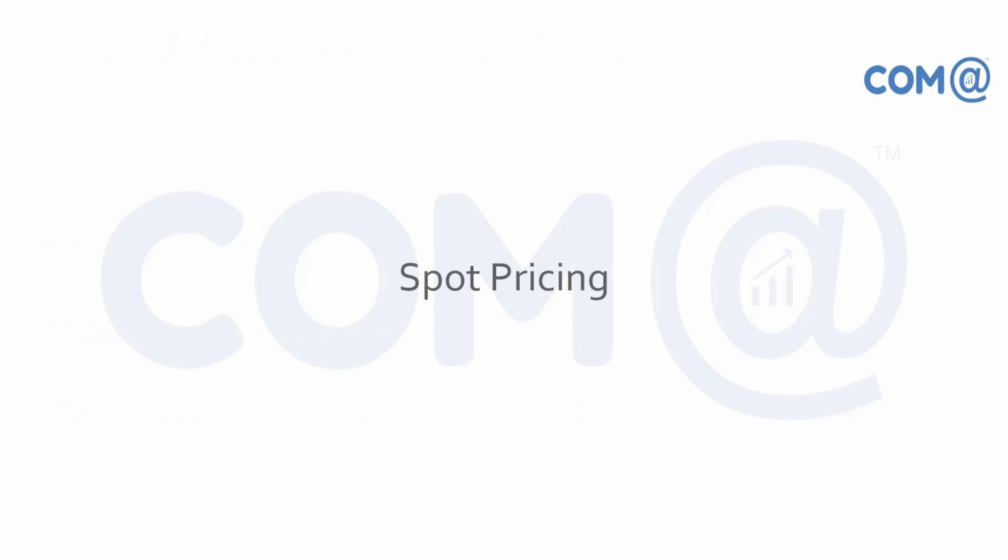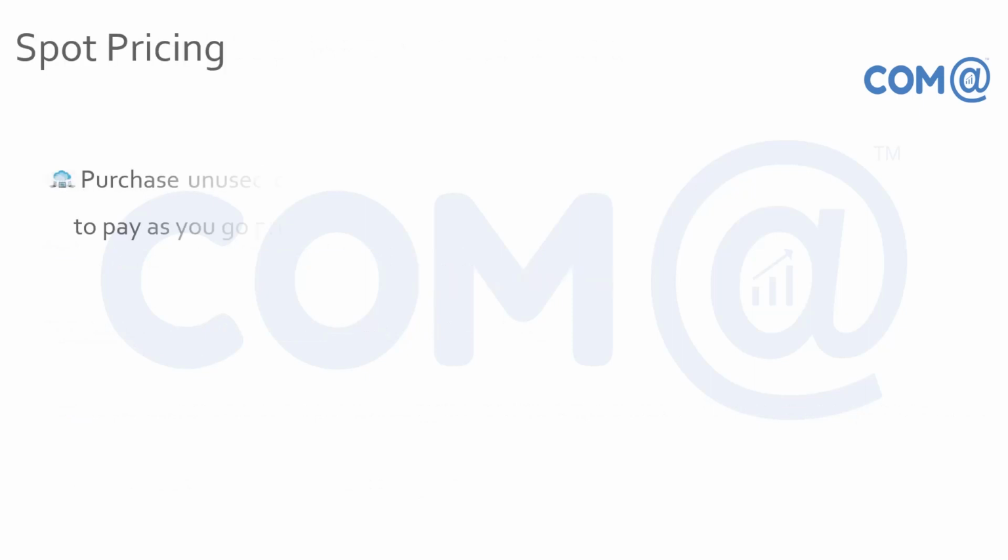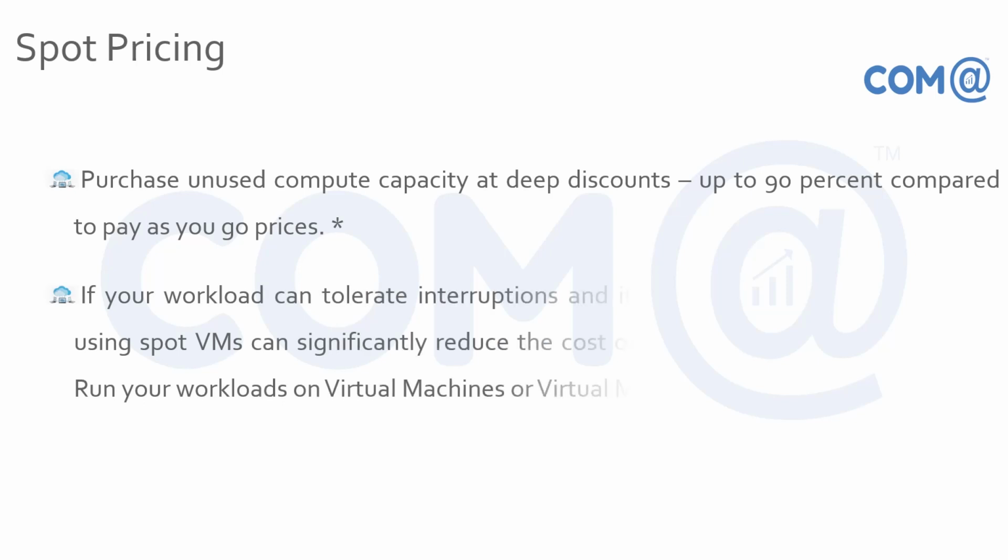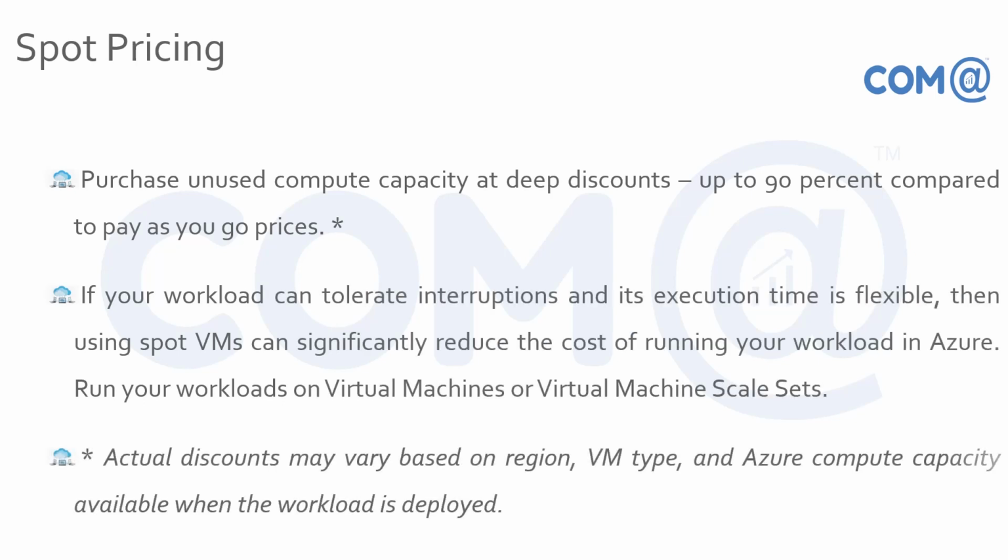And coming to spot pricing, spot pricing is something like a bidding. You can purchase the unused compute capacity at deep discounts, up to 90% compared to the pay as you go price. If your workload can tolerate interruptions and its execution time is flexible, then using a spot instance can significantly reduce the cost of running your workload in Azure.